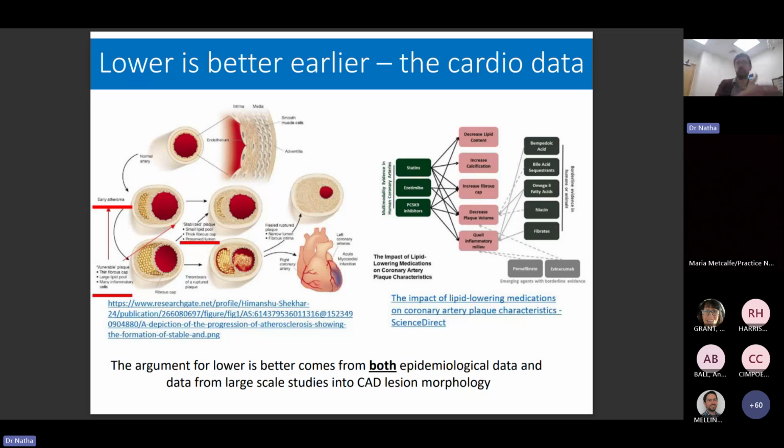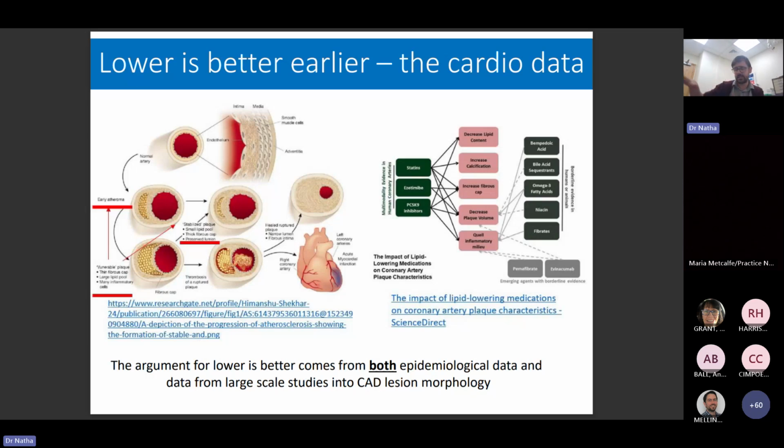But the earlier in the life cycle of that coronary artery plaque you're able to start reducing someone's cholesterol, the more chance you have of being able to halt progression of any plaque that is there, and potentially, if it's early enough, reverse any early atheroma that is starting to develop.